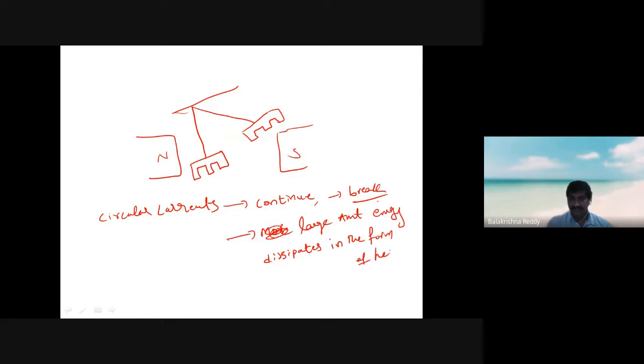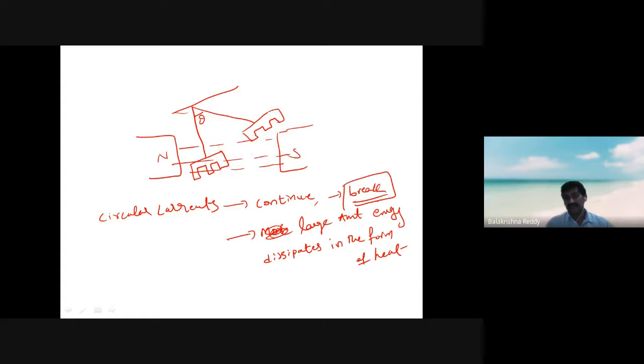But here, due to breaking of the circular currents, the motion of the coil through the magnetic field is better than earlier. I'm not saying there is no electromagnetic damping. Electromagnetic damping is there, but it is reduced by using strips. These gaps will not allow the eddy currents to continue further.